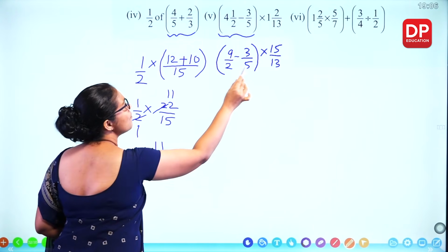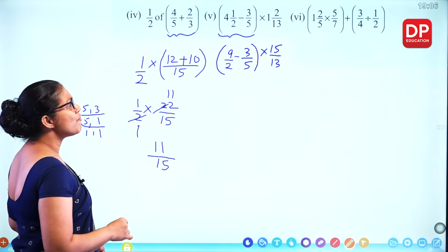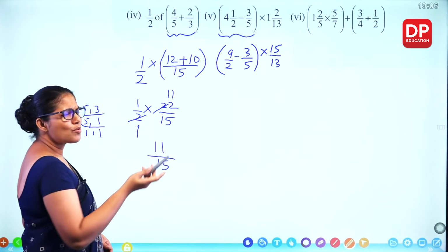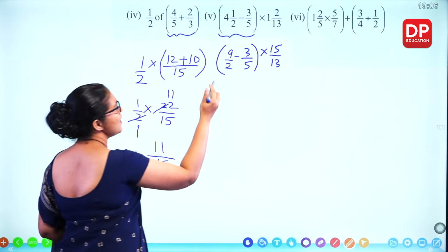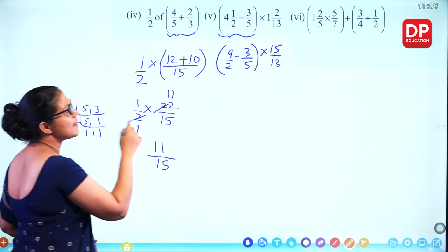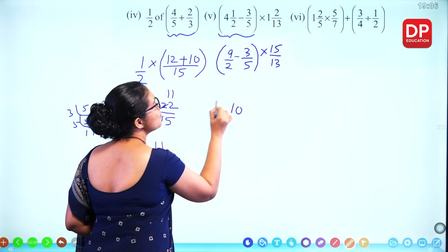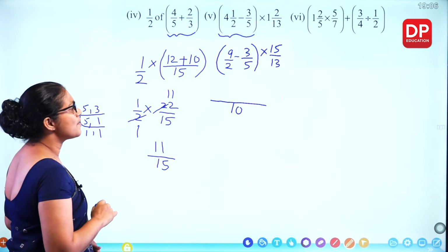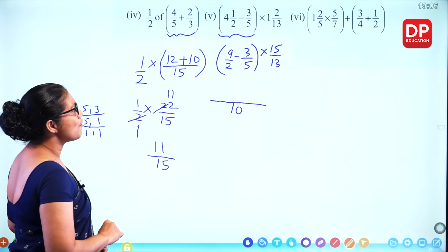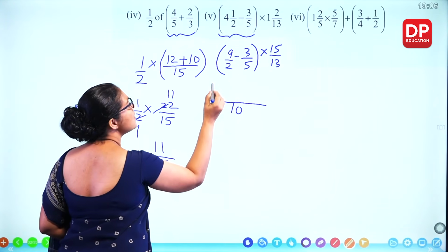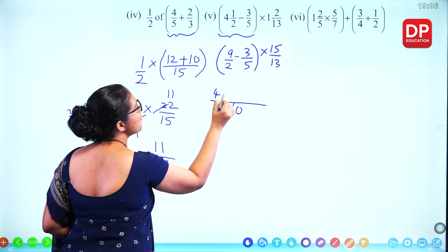Now find the lowest common multiple of 2 and 5. What is the lowest common multiple of 2 and 5? It's 10. So here, if you can't do that, you use this method and find out. I'll do it straight away. 10 is the lowest common multiple. Convert it. How do you get 10 from 2? Multiply by 5. 9 times 5 is 45.